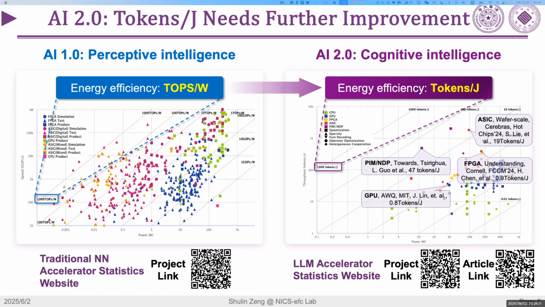But when it comes to AI 2.0, in the cognitive intelligence, we use transformer models to transform all the data into the token space. So the energy efficiency means that you can use a restricted power to generate more tokens. So tokens per joule is a more important criterion when we try to develop a new system or new hardware.